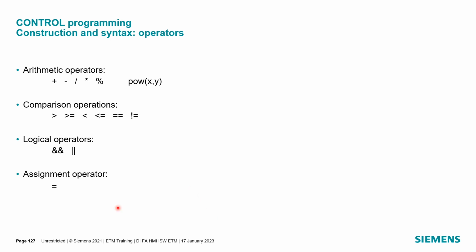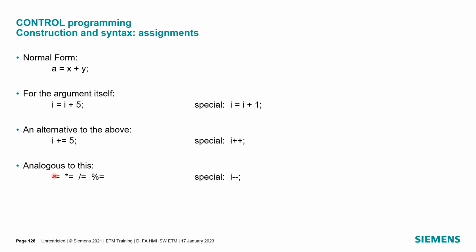Operators. We have plus, minus, divided, multiplied, and modulo. Greater or equal, less or equal, is or is not, logical operators like and, or, and assignment operators. And of course you can also mix that completely, as you know from C. Because I'm not the programmer, I'm the trainer, I always have troubles with this style of code.